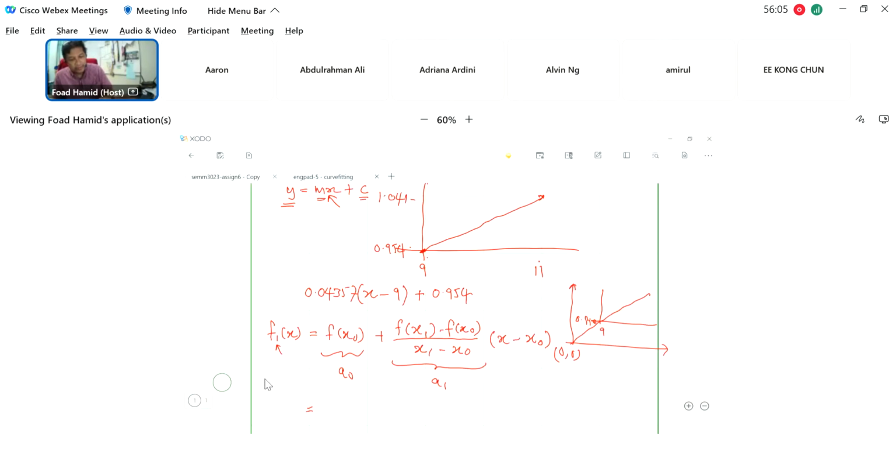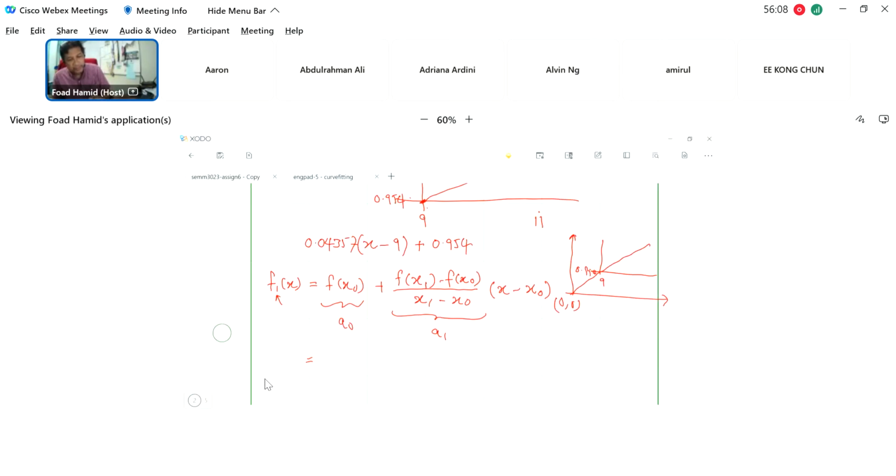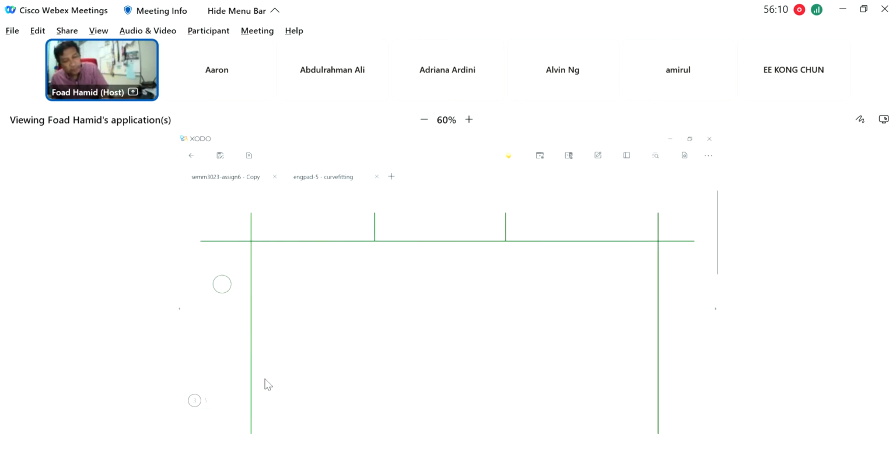The quadratic equation is a polynomial of the second order: a naught plus a1 x plus a2 x squared, right? So we have a naught, a1, and a2. Okay, never mind. What we have is only a0 and a1 because we are only using 2 points for the linear.